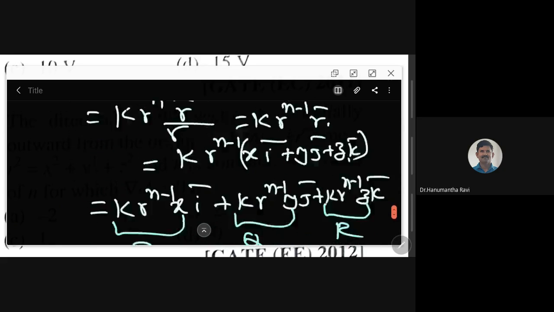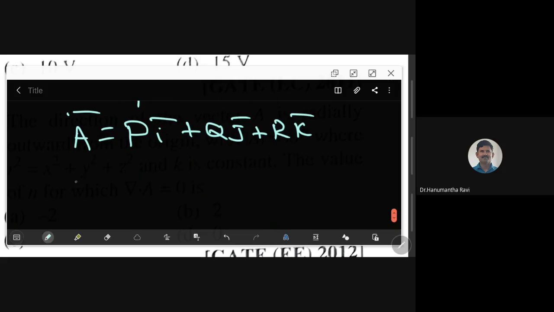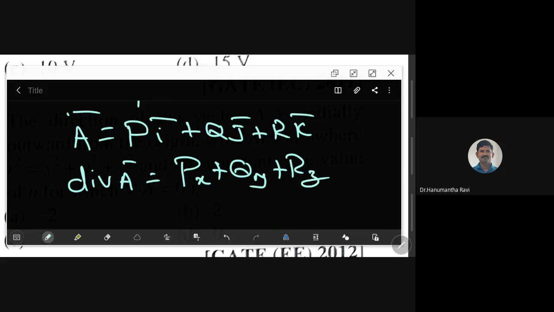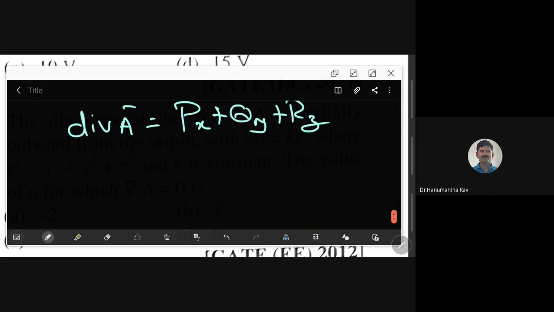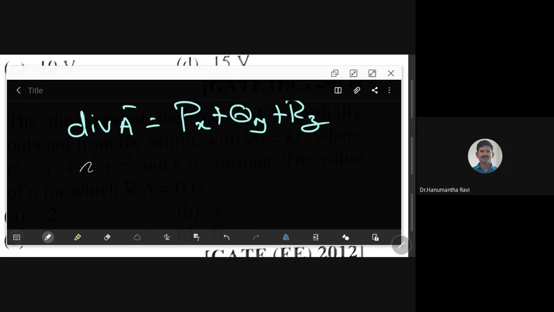Now we want the divergence of A bar. For that, the divergence of A bar is ∂P/∂x plus ∂Q/∂y plus ∂R/∂z. So we will calculate each of these.